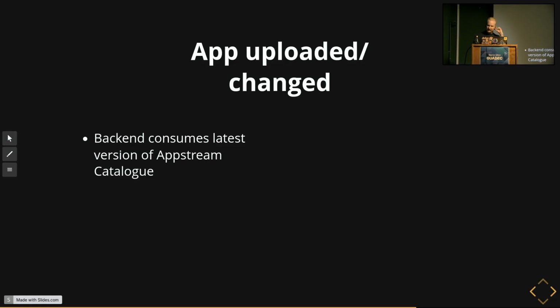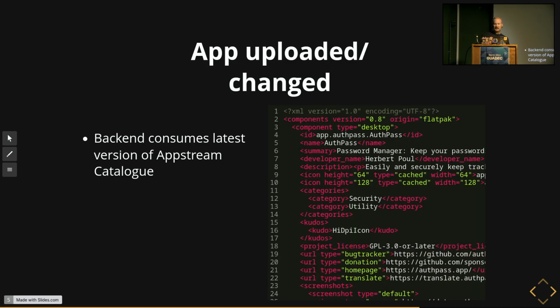So when an app is uploaded or changed, right now it basically goes like this. We're getting a download from FlatHub itself. So basically what your desktop app is doing on Discover or GNOME Software, it's downloading a zipped file with catalog data. Catalog data looks a little bit like this. So you have an XML, which is very long by now, because we have quite some apps.